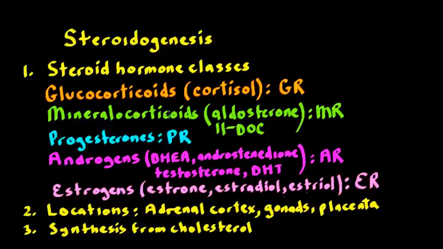Now, mineralocorticoids, the main one is aldosterone, and the receptor is the mineralocorticoid receptor. But there are other mineralocorticoids, other hormones that can activate the mineralocorticoid receptor. Usually this is under pathophysiological conditions, and one example here is 11-deoxycorticosterone, which is a precursor in some of the steroid pathways that we're going to look at.